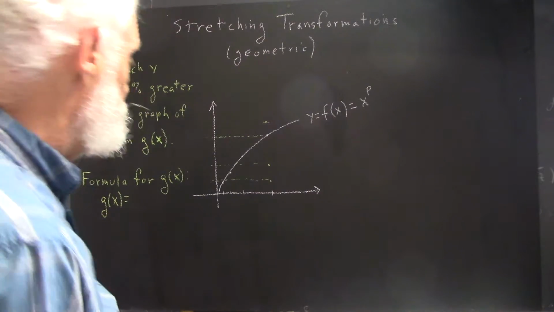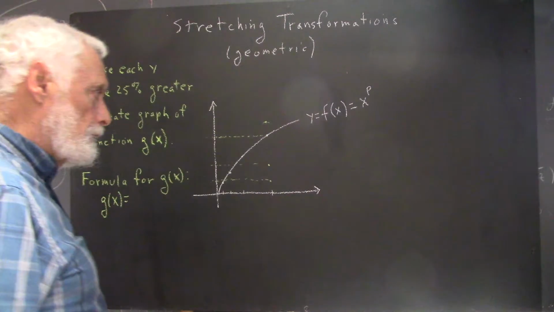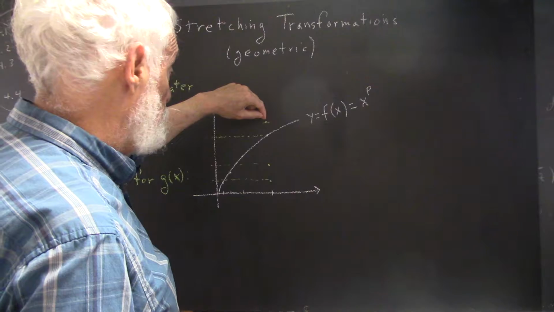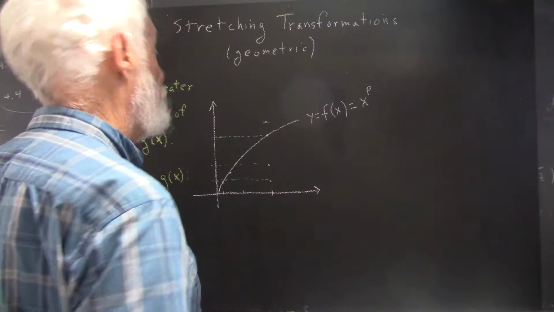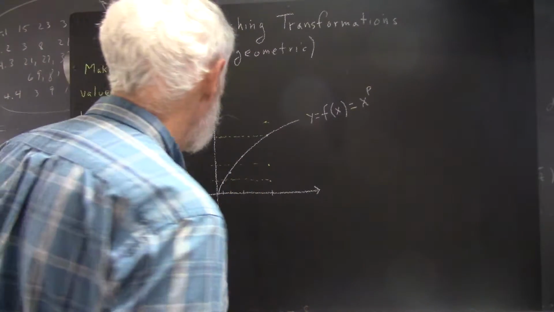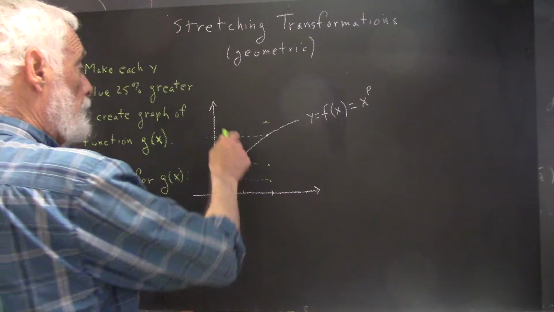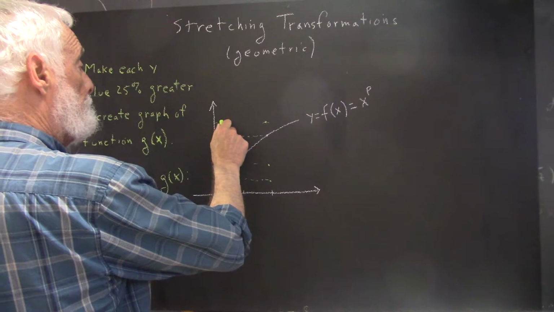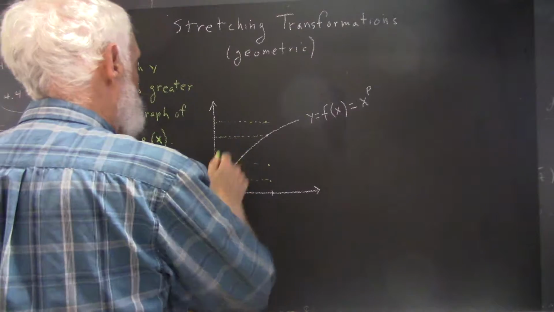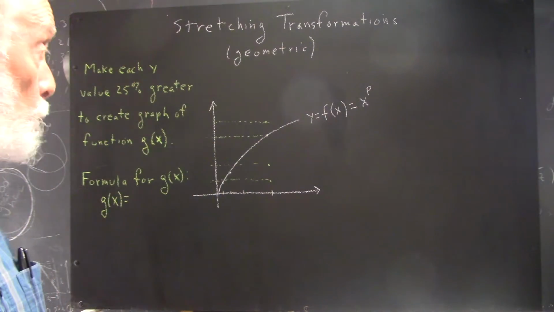Now there are various ways we could use the compass to make sure this point is located as accurately as we can locate it. In any case, now the y value here is now 25% greater than it was.